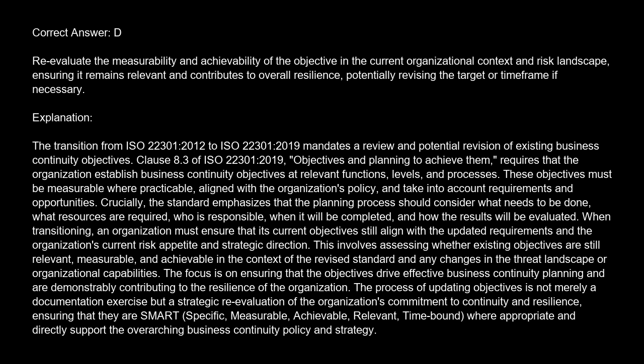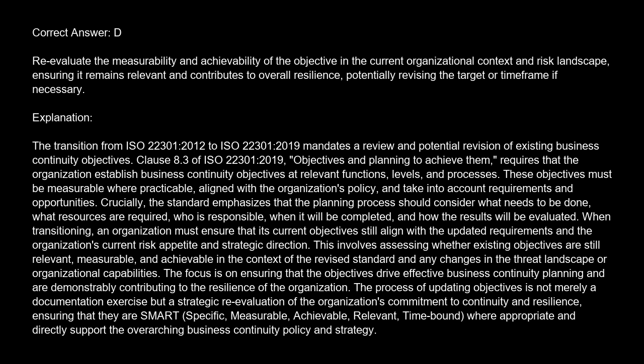Clause 8.3 of ISO 22301:2019, Objectives and Planning to Achieve Them, requires that the organization establish business continuity objectives at relevant functions, levels, and processes. These objectives must be measurable where practicable, aligned with the organization's policy, and take into account requirements and opportunities.